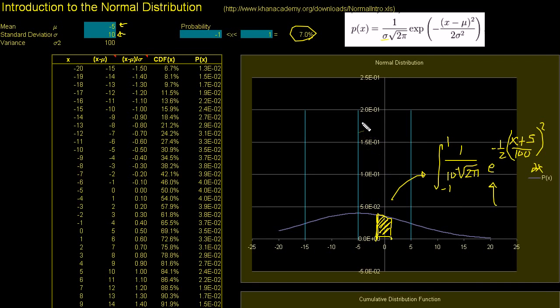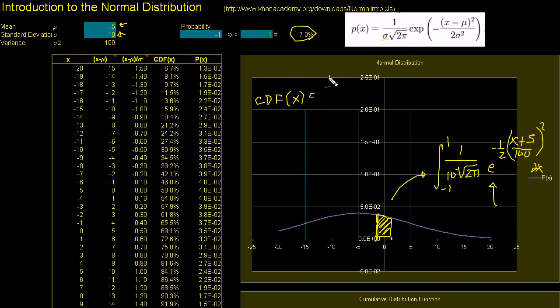So this tends to be done numerically, and a function has been defined called the cumulative distribution function that is a useful tool for figuring out this area. What the cumulative distribution function is essentially, it's a function of x.